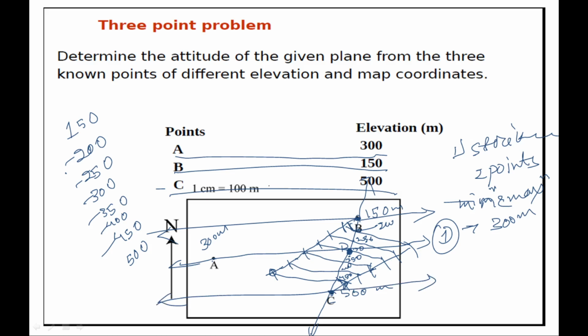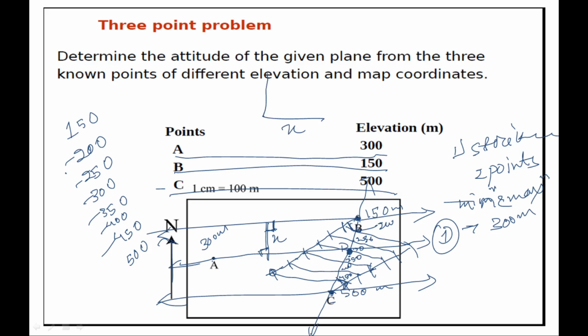So now there is no contour line, so you need not find any outcrop. Now you have to find out the strike direction because north is given here. If it is asking for dip, what you will do, you will take this perpendicular distance x, and we'll plot the triangle.